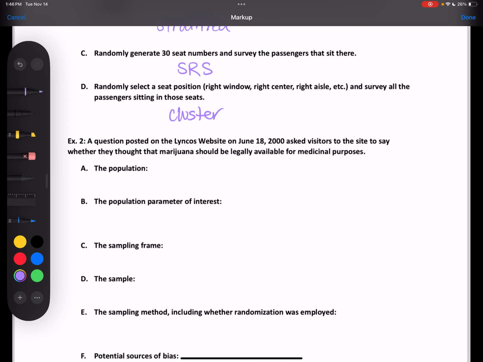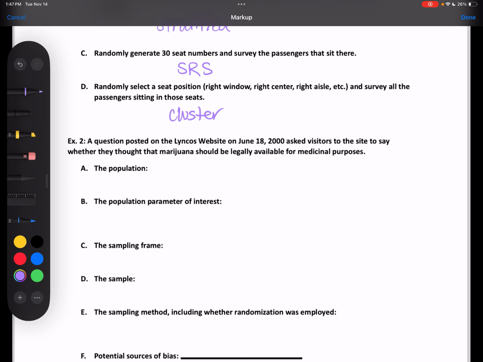So, what is the population? What is the generic population for this website? Visitors to the site. Does it have to be one of these? It's not actually written in there. Adults in the U.S. Linkos is like a website that adults would be going to.